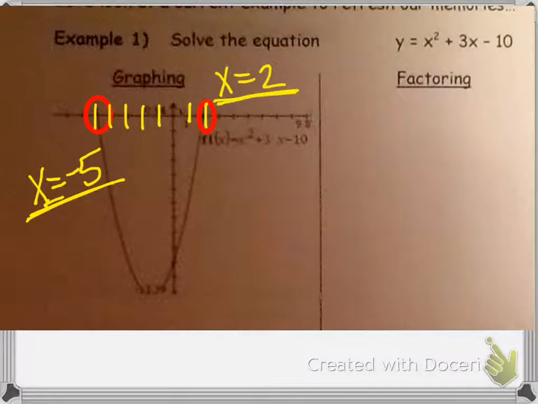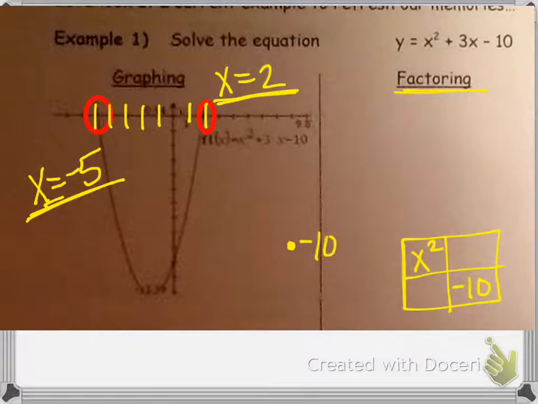The other way we've talked about is factoring, which you can see here. To factor x squared plus 3x minus 10, I could do the area model. So I have x squared and -10, and I need two numbers that multiply to -10 and add to +3. Those two numbers would be a +5 and a -2.